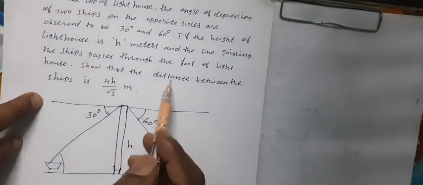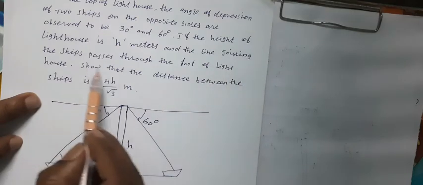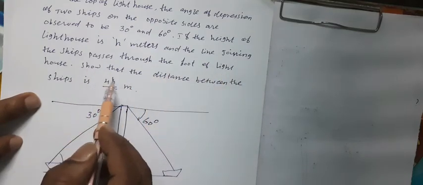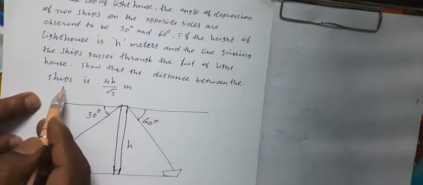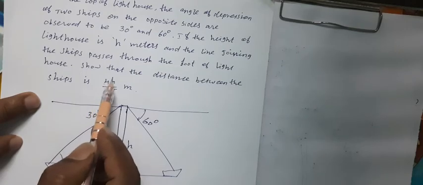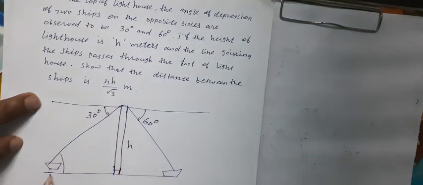Next, the two ships are in line with the foot of the lighthouse, so the distance between the ships you want to find is 4h by root 3. This is the first ship and this is the second ship.